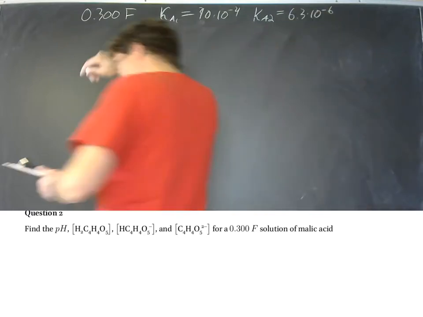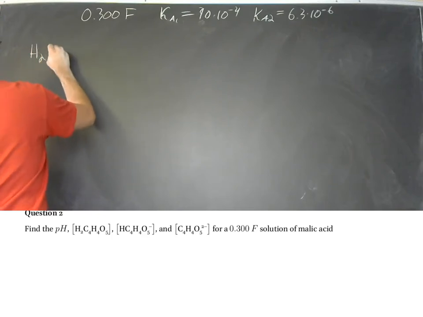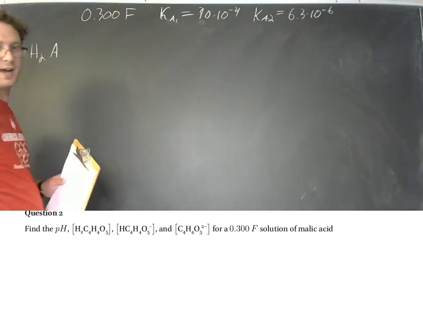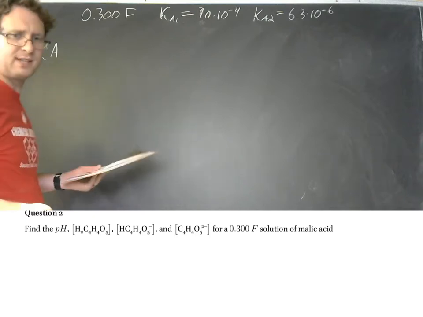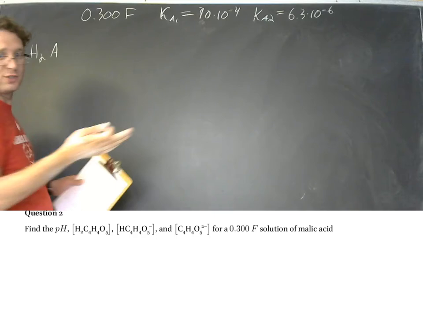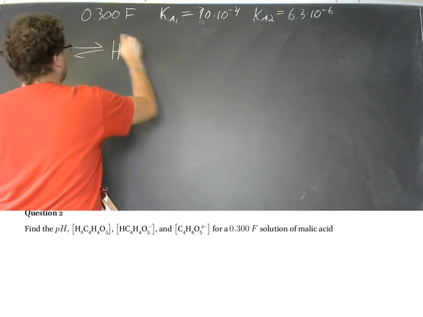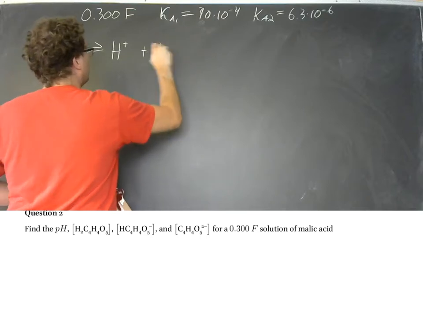Okay, so I'm going to write our 2 simultaneous ICE tables. And to save space, and just to simplify it, I'll call malic acid H2A. And that will be in equilibrium with H plus and HA minus.